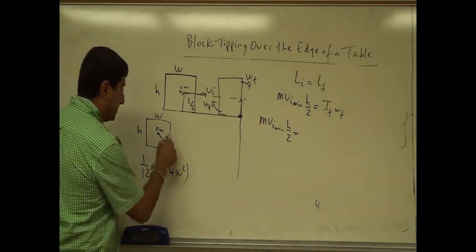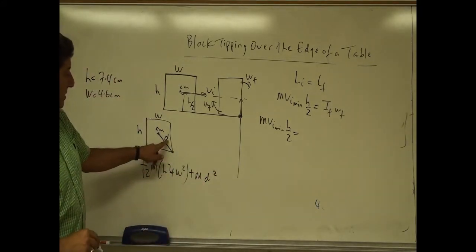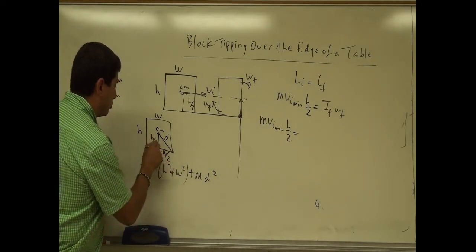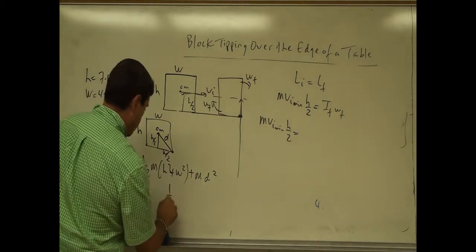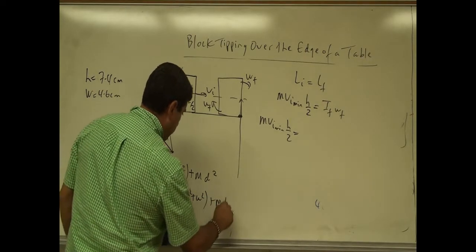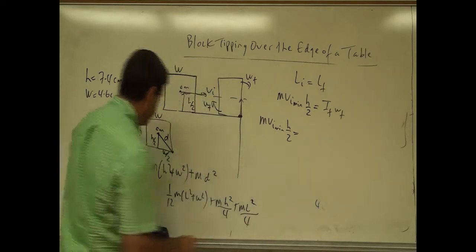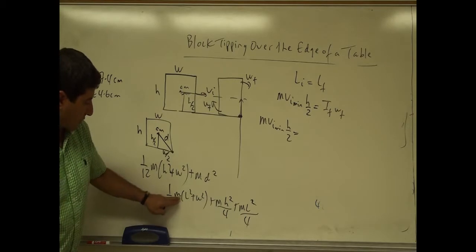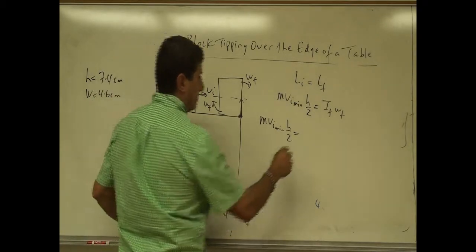I shift it by this distance, m d squared, right? So what is that distance? Well, the distance squared is going to be, this is w over 2, this is h over 2. So it's going to be h squared over 4 plus w squared over 4. So 1/12 m times h squared plus w squared, plus m times h squared over 4 plus w squared over 4, right? So then we can combine this and then 1/12 m h squared plus w squared. So I can put this here on the right.